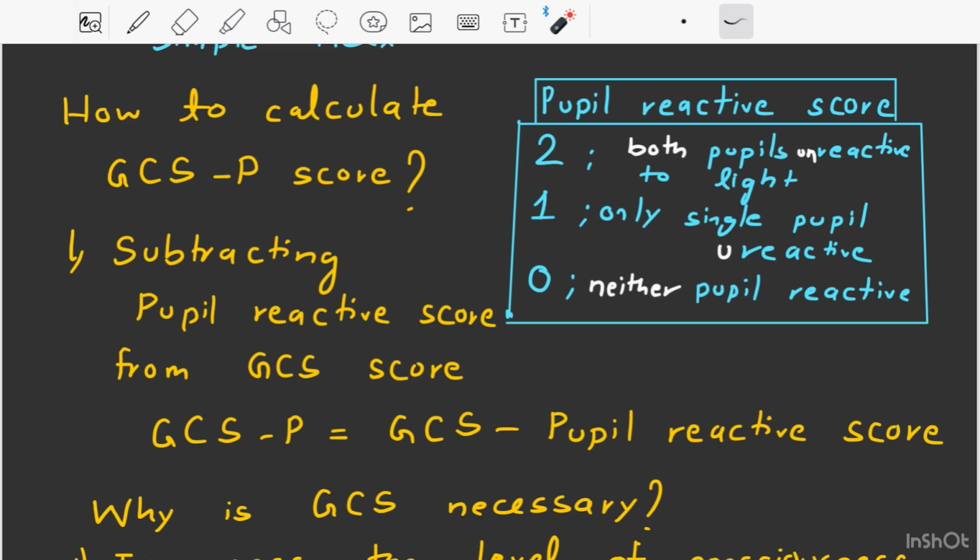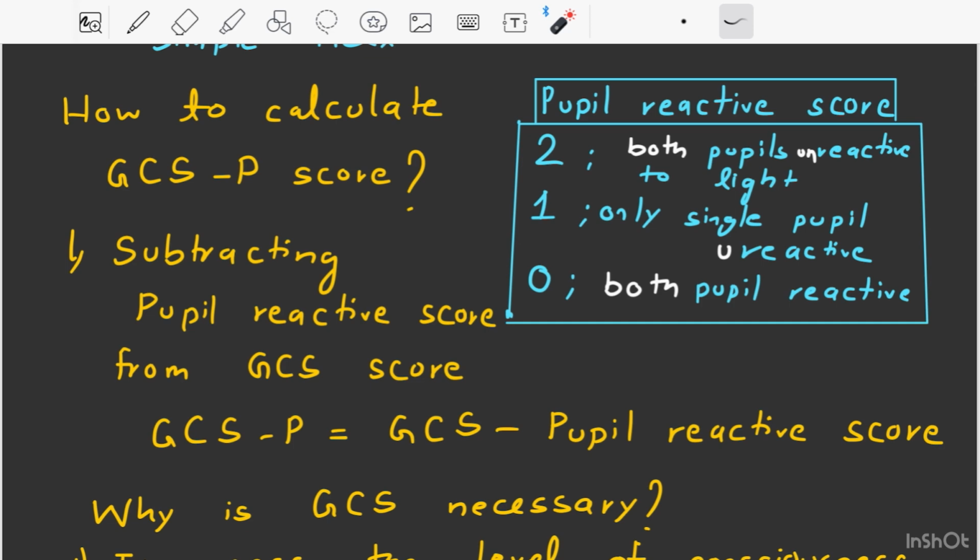That means the ideal score for us is, sorry for this mistake, when both pupils are reactive the score is 0, and the maximum score for pupil reactive score is 2, which means when we assess the reactivity of pupil using a torch light, both pupils are unreactive.